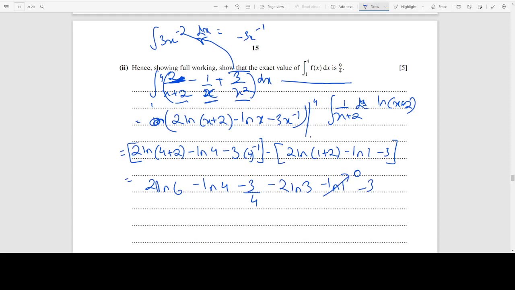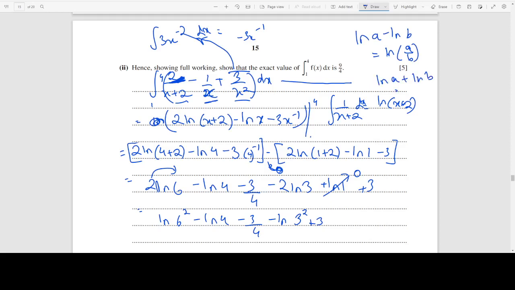Oh sorry, I forgot to take the minus sign, so minus, plus, plus. So we have ln 6 squared, taking the 2 inside, minus ln 4 minus 3 upon 4 minus ln 3 squared plus 3. There's one property of logs: ln a minus ln b is ln of a upon b, and ln a plus ln b is ln of ab, correct?